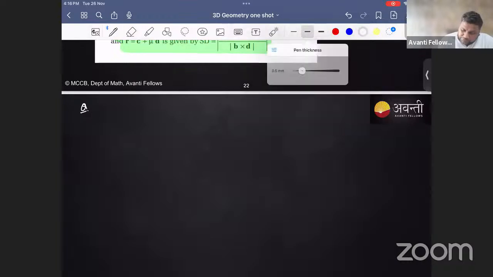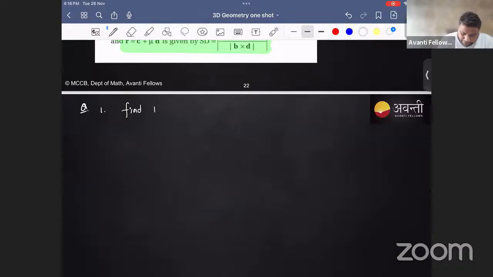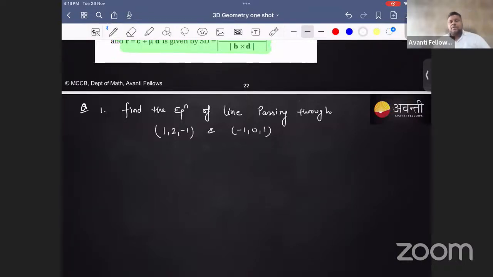Now we'll do a question. So, the first question is: find the equation of the line passing through (1, 2, minus 1) and (minus 1, 0, 1), in both vector and 3D form.